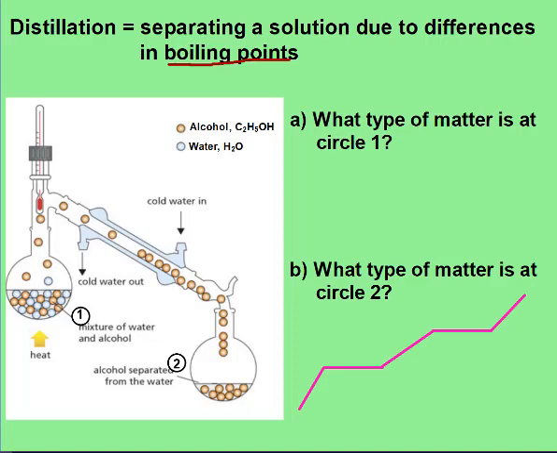So how distillation works is we have our solution and we start heating it up. Eventually, one of the substances starts to boil. We know that it's boiling. One, we may see some bubbles start forming, and the temperature should remain constant. Remember that when a substance boils, its temperature remains constant.